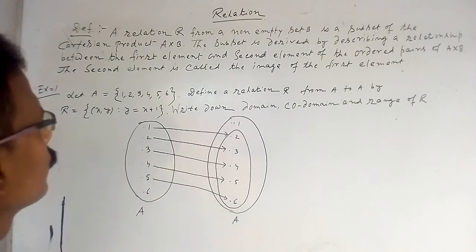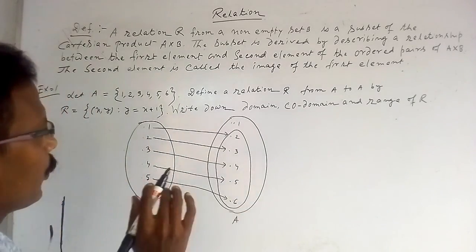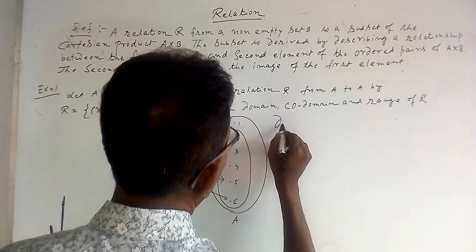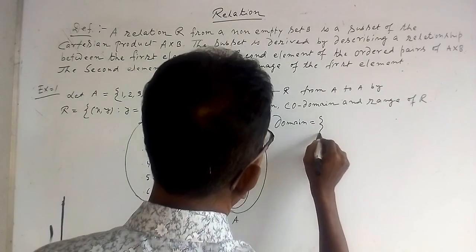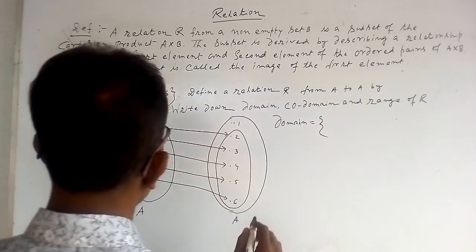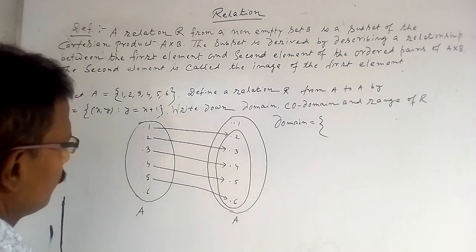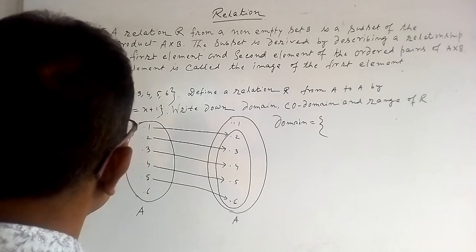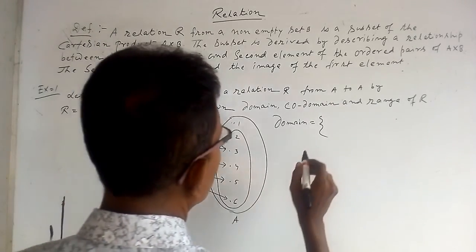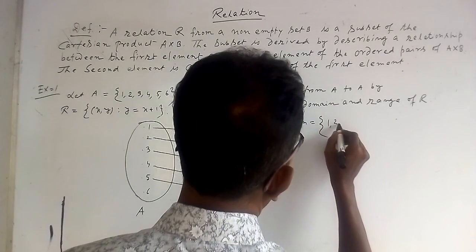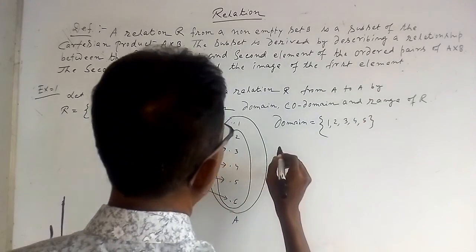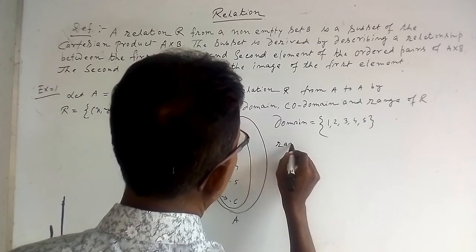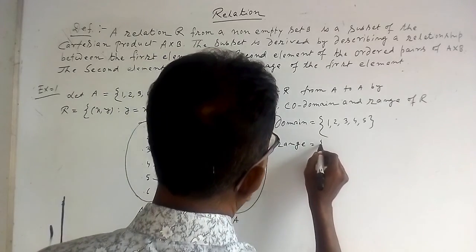Now I am writing the domain. The domain set is 1, 2, 3, 4, 5. Then comes the range set.